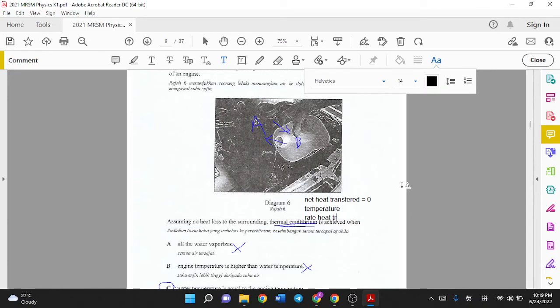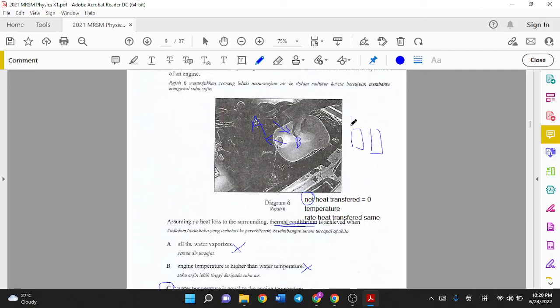Transfer is the same. So net heat transfer, the net here means that this is your object A and this is your object B. Net heat transfer is that here the heat transfer from A to B is equal to from B to A. But if maybe 2 joule of energy is transferred from A to B, and 1 joule of heat energy is transferred from B to A, we cannot say that.